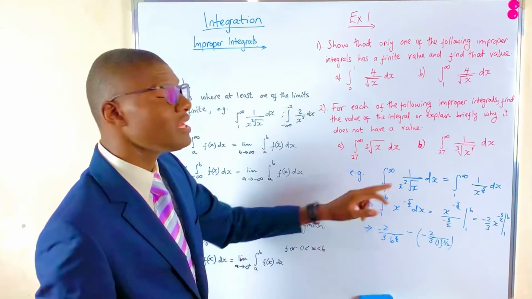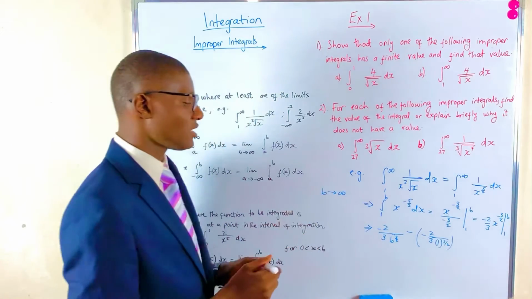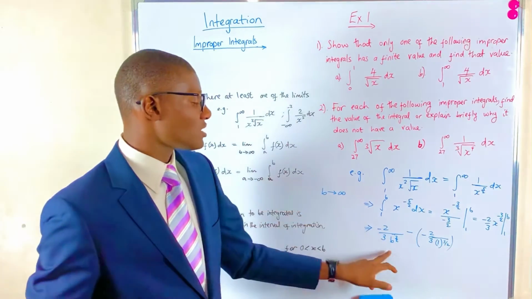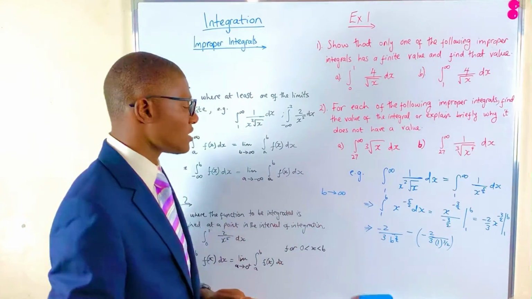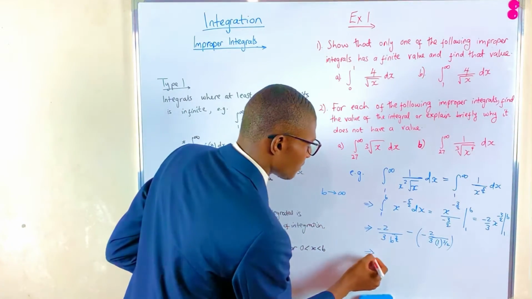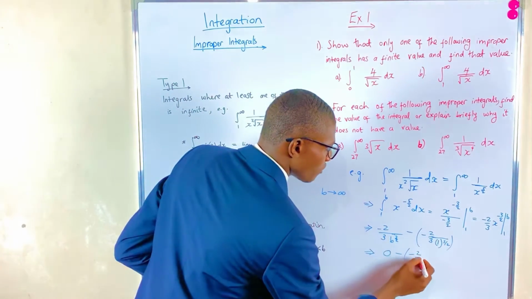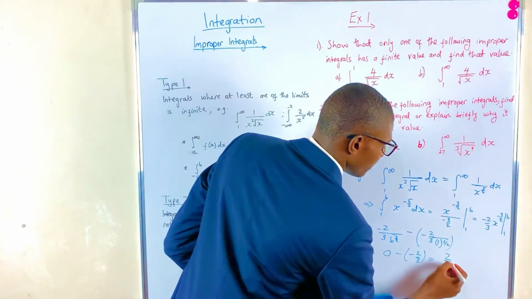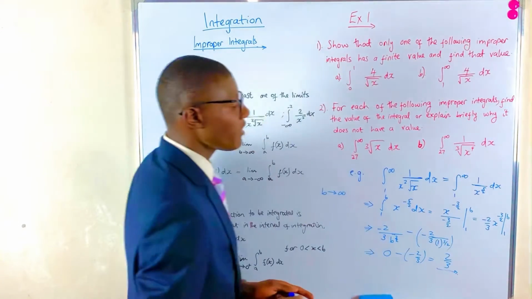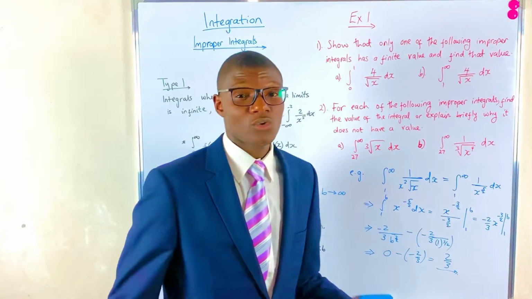We know that b is approaching infinity. What happens when b approaches infinity? This whole term tends to 0, such that we've got 0 minus minus 2 over 3, and we get a result of 2 over 3. So here we've shown that this improper integral has a value of 2 over 3.